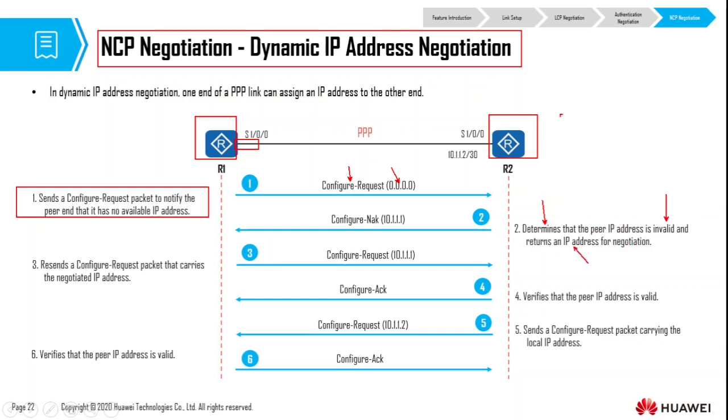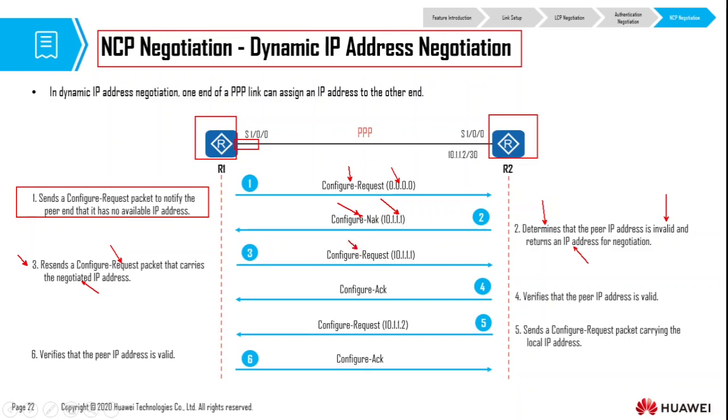So R2, the peer, will determine that the peer IP address is invalid and return an IP address for negotiation. Your ISP will send what you call a configure not acknowledge, but advise you, hey, use 10.1.1.1. Therefore, when you receive this configure not acknowledge, you will resend a configure request packet that will carry the negotiated IP address.